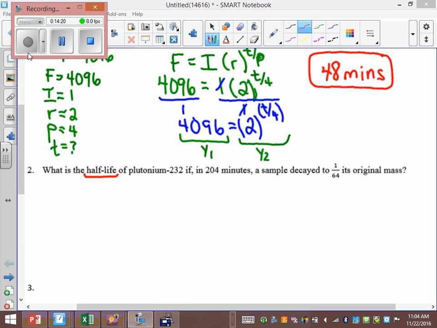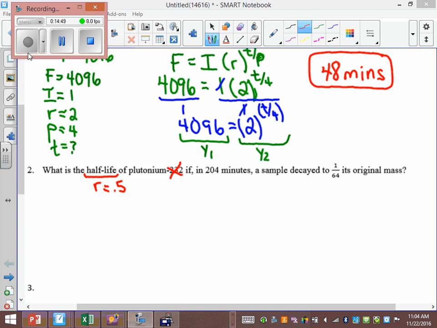Half-life means R is what, guys? 0.5, or you can use a half. Plutonium-232. Cross out that 232. It's an isotope of plutonium, of which I have no idea what it is, and I don't really care. But you guys try to put 232 somewhere in the question. Don't. It's just plutonium-232. It's a type of plutonium. Cross that 232 out. Please do not try and put it somewhere in the question. Okay?